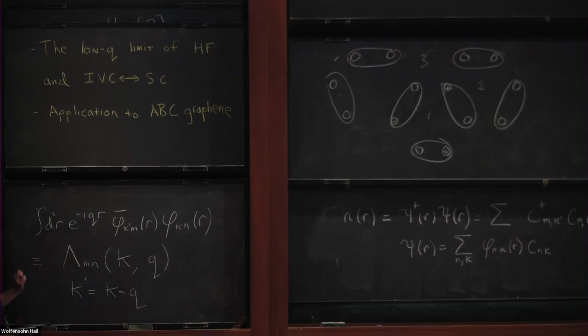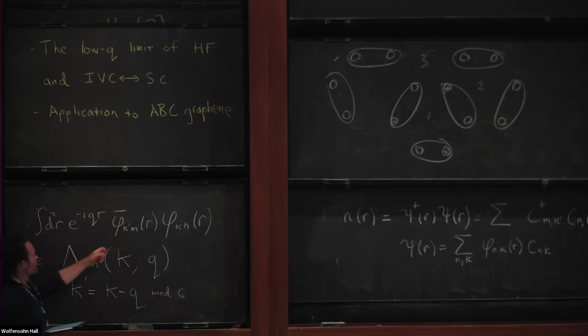So how do I know this? Well, when you integrate over all of space, you know that there must be a lattice momentum difference between K and K prime which is equal to Q mod G. Right? Because momentum is going to be conserved, and the momentum of this operator is Q. So when you compute this matrix element, there are two ways of thinking about it.